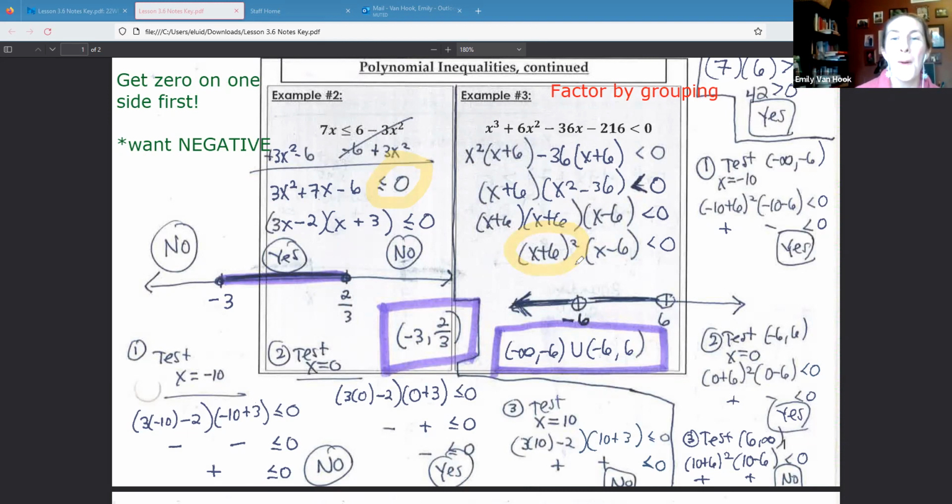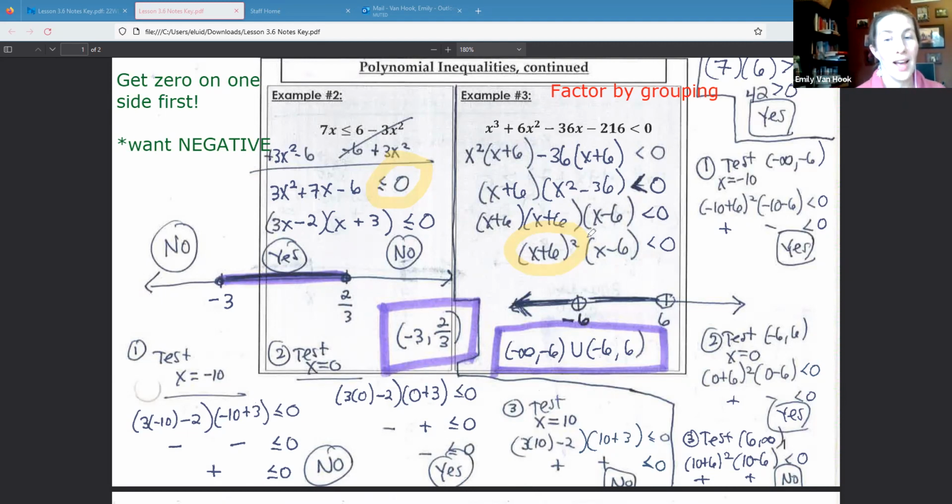It really messes with it because it kind of goes back to the idea of multiplicity, the graph touching and turning. Anyway, we're not graphing right now in that way, but by touching and turning at -6, you kind of still shade above the graph at that point or below the graph at that point, depending on the direction of the inequality, but it just touches at -6 and doesn't go through. So anyway, if that didn't make any sense, don't worry about it. But basically, when you test your intervals, if you have a factor that has a higher multiplicity, you cannot count on the alternating pattern.